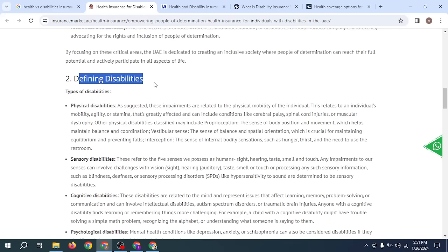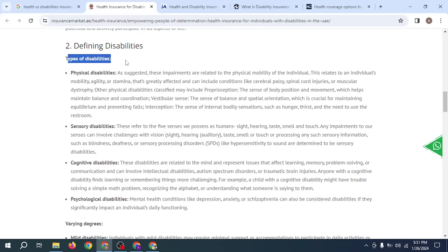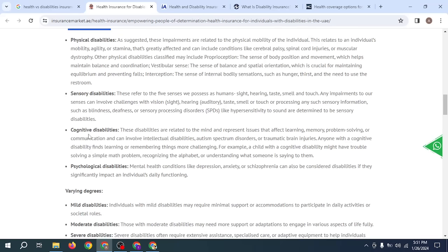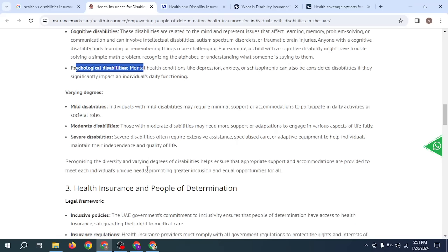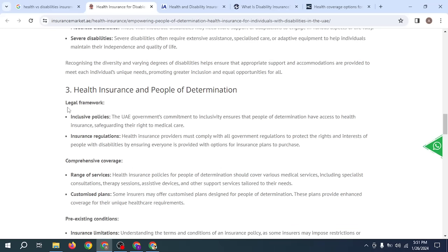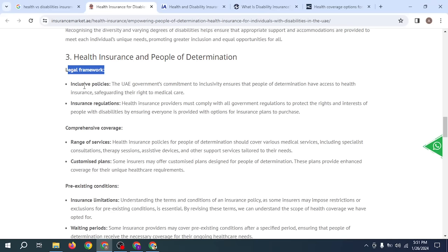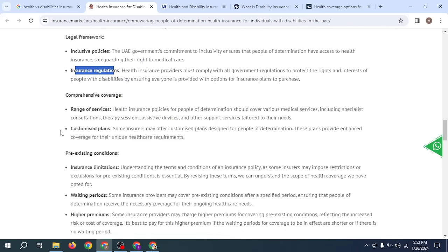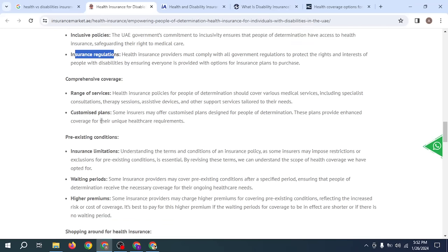Defining disabilities. Types of disabilities: physical disabilities, sensory disabilities, cognitive disabilities, and psychological disabilities. Varying degrees of disabilities, health insurance and people of determination. The legal framework includes policies, insurance regulations, and a comprehensive range of customized services.